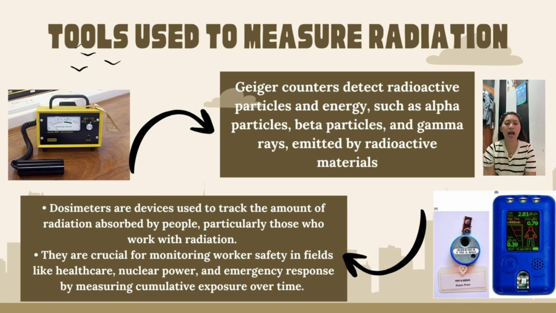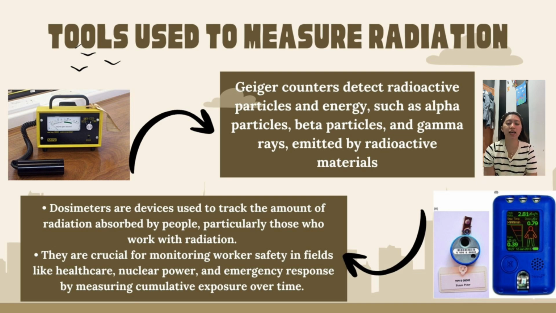It detects the alpha, the beta, and the gamma rays. Usually, kung naay radiation, ang Geiger counter mo-beep or mo-show og reading. Gamit kaayo ni siya sa laboratories, hospital, or any places nga kinahanglan i-check ang radiation level.